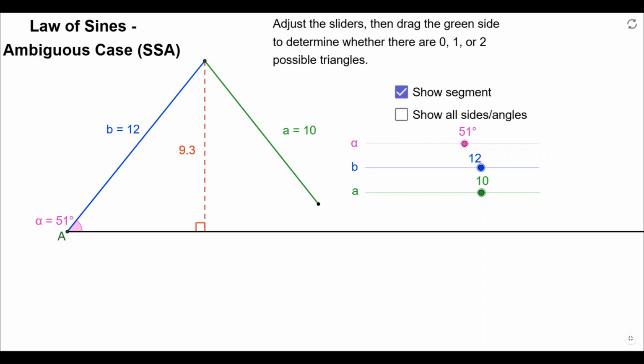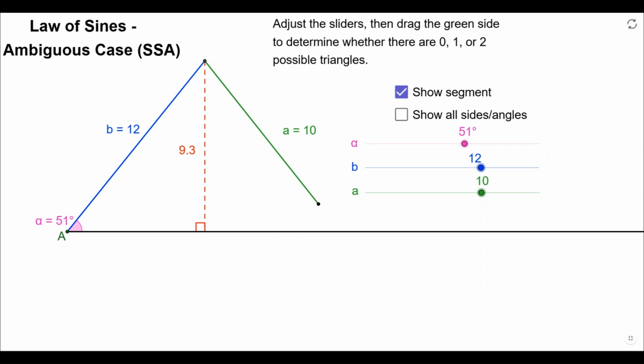The sine of A is the opposite over the hypotenuse, and side B is the hypotenuse. So in this case, the height of the triangle is 9.3.